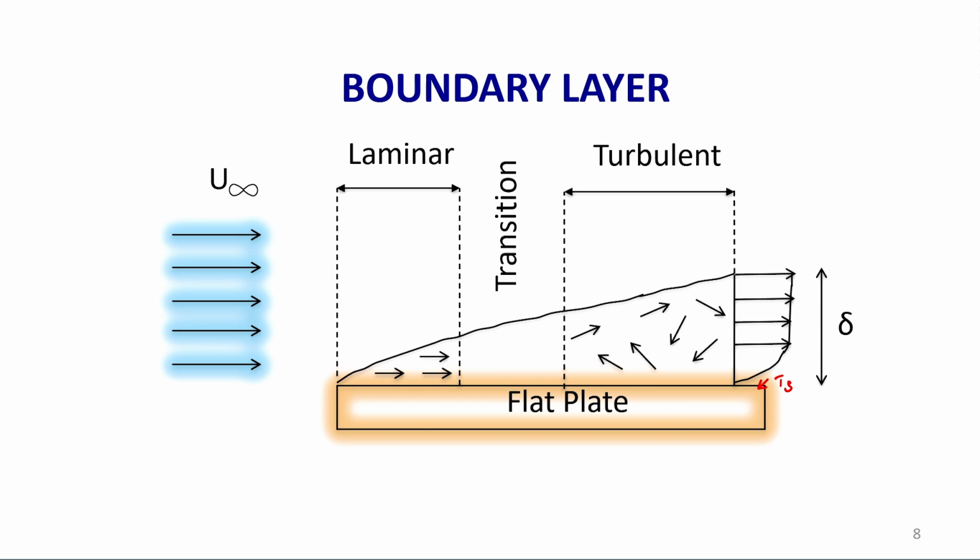What happens when the fluid is passing over the plate? At the point of contact, it will be contacting the surface of the object or the plate. At that point, because the plate is stationary, there is no motion, so the velocity of the fluid at the point of contact on the surface becomes 0.